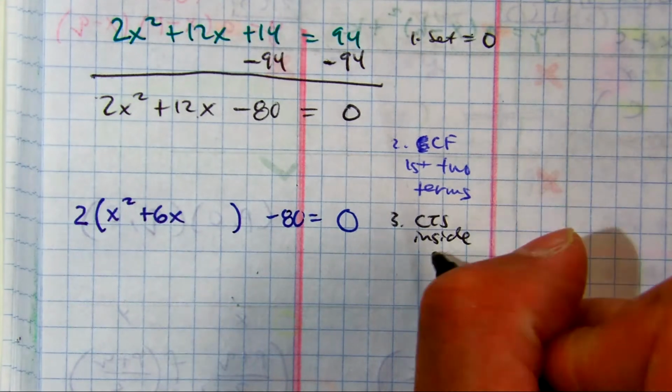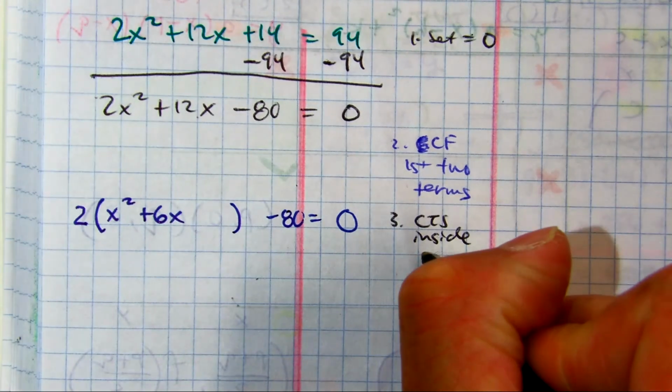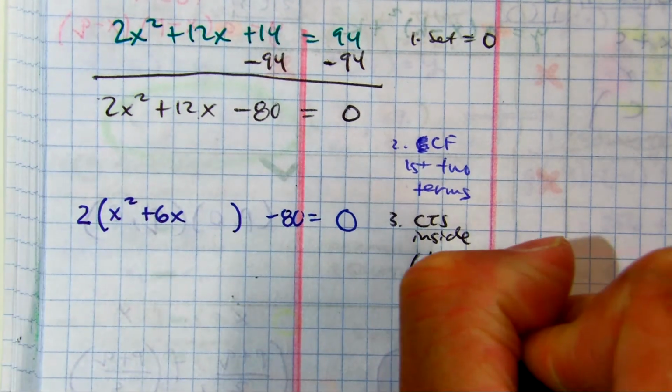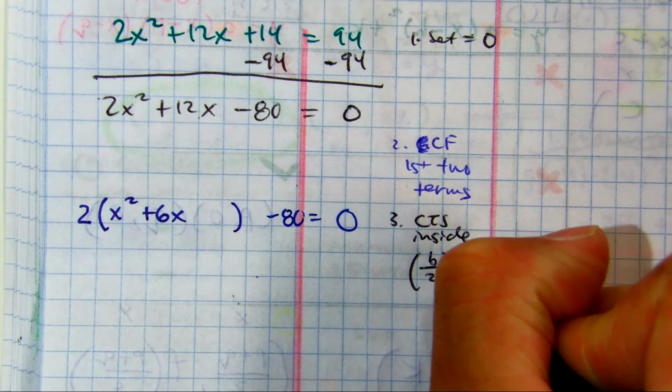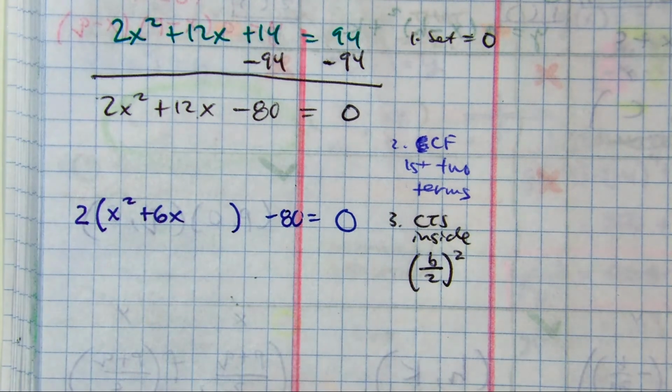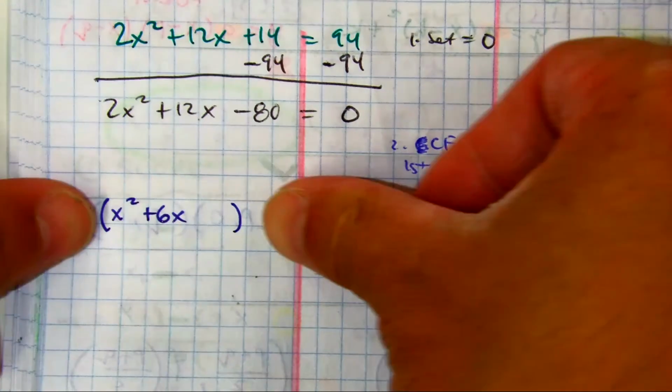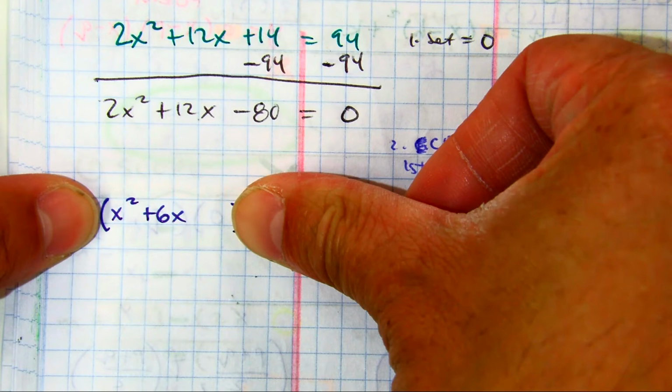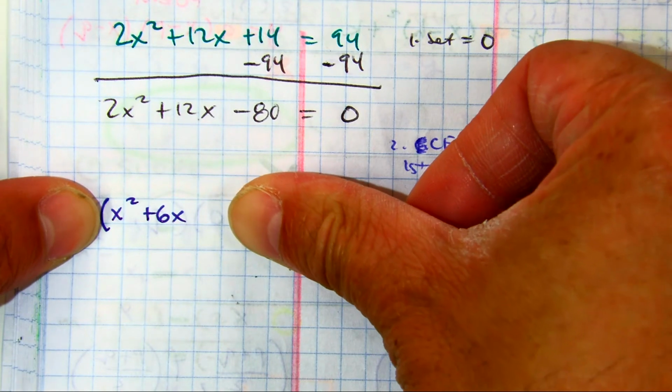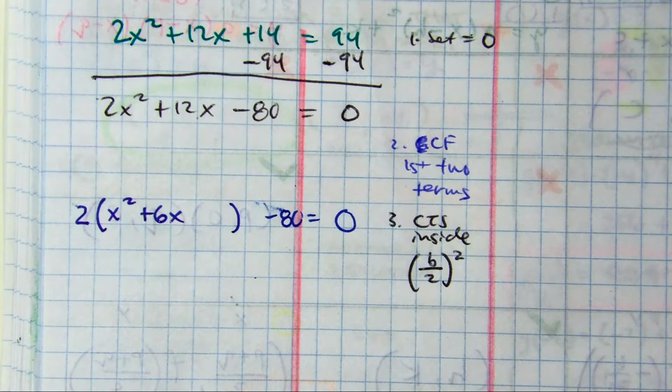Frida? Inside the parentheses. So if you get distracted, just put your finger like this. Class, what's my B value? We're looking at the inside, that is 6.